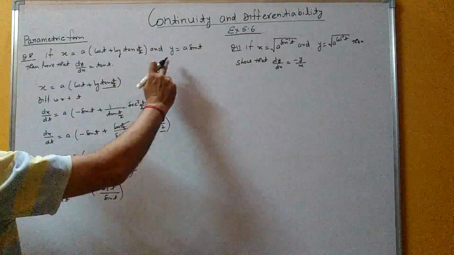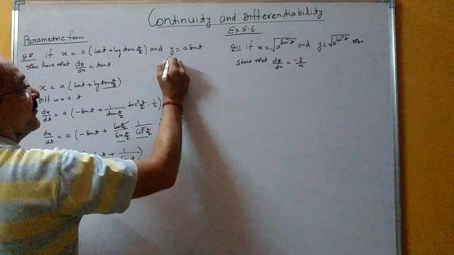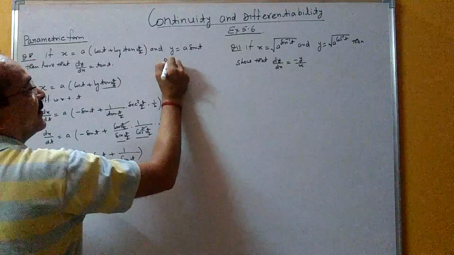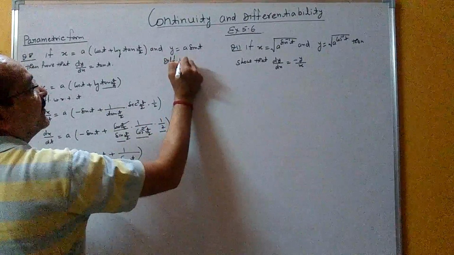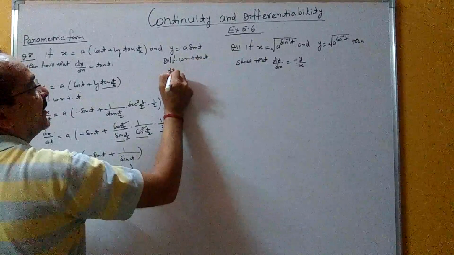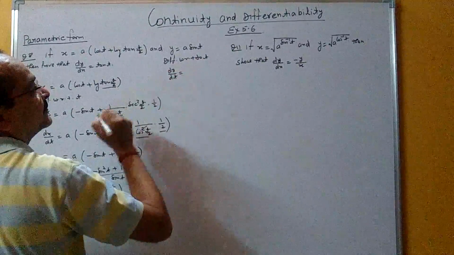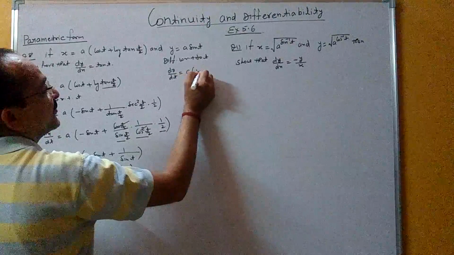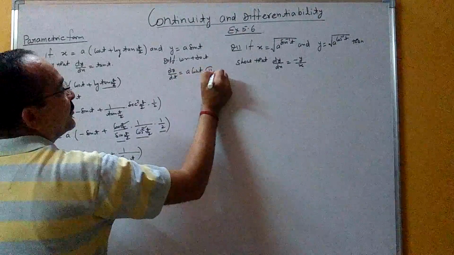Now again, the second term y is equal to a sin t. Differentiate again with respect to t. So dy by dt is a cos t. This is number 2 and this is number 1.